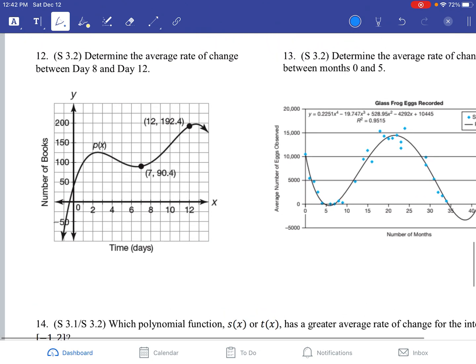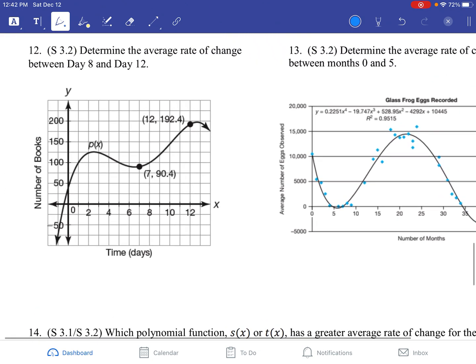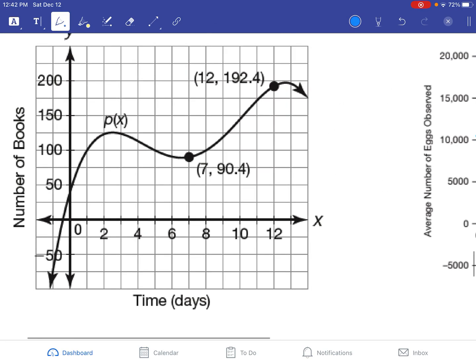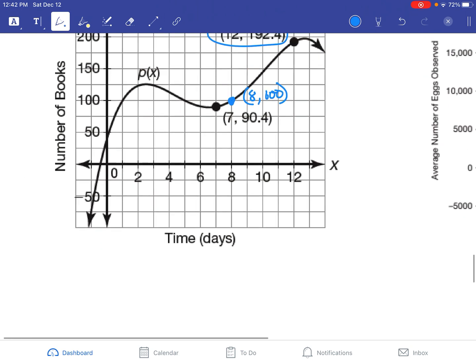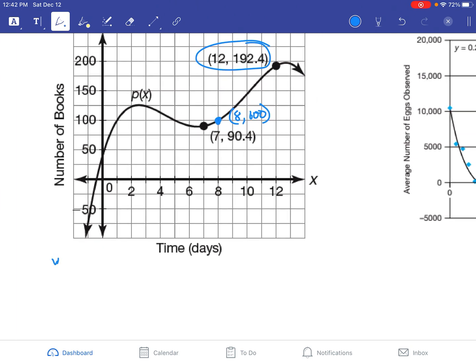Okay. The rate of change between day 8 and day 12. If we look at day 8 on our graph, it's going to be here. So this point is (8, 100), and day 12 is already given to you. Now to find the average rate of change, you're going to use the slope formula: y2 minus y1 over x2 minus x1.